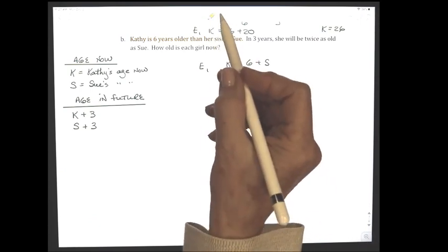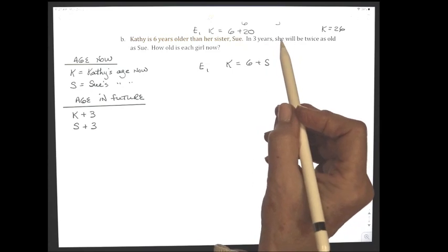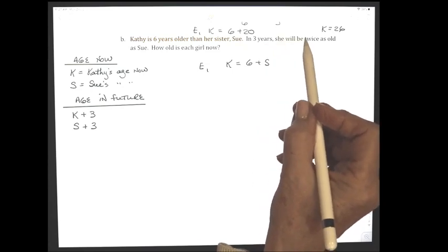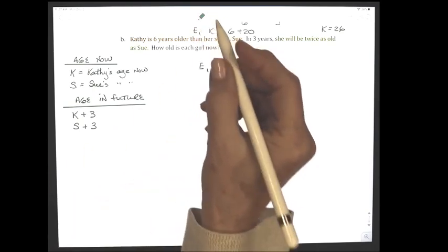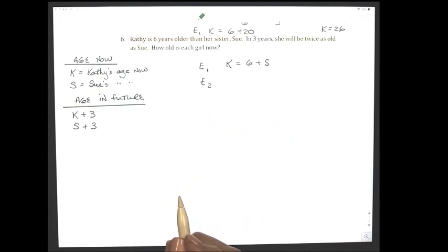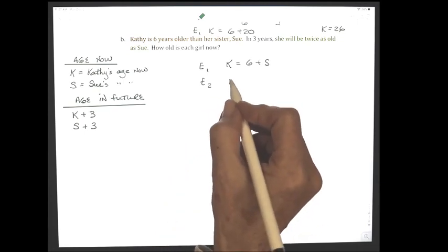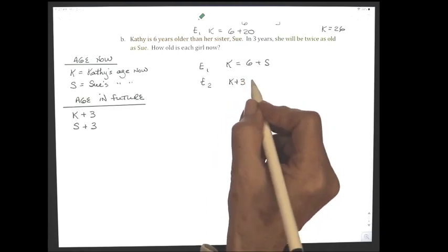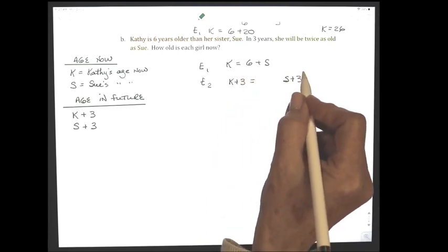So it gives me a little bit of information about that relationship in 3 years. She will be twice as old as Sue. She meaning Kathy.